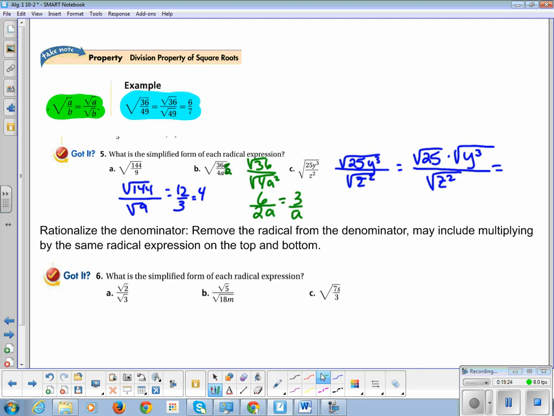That reduces down. The square root of 25 is 5. Y to the third is y squared times y, so that's the square root of y squared times the square root of y. The square root of y squared is y, and the square root of y I just rewrite it. And then I have z on the bottom.